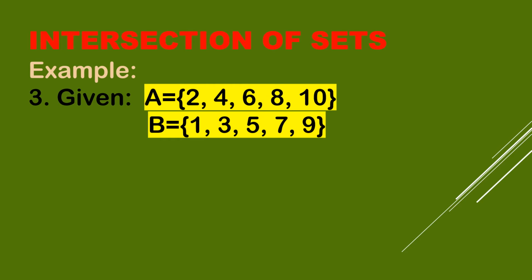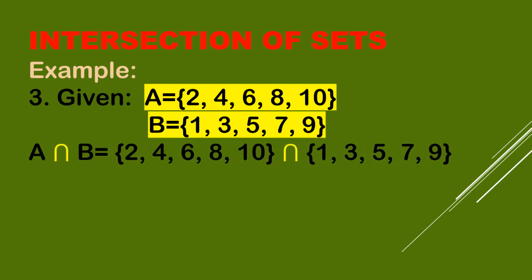Now let's have here our third example. Given set A, we have 2, 4, 6, 8, 10. And set B, we have 1, 3, 5, 7, and 9. Let's find the intersection of set A and B. Okay. Meron bang magkapareho na elements na kay A at the same time na kay B?